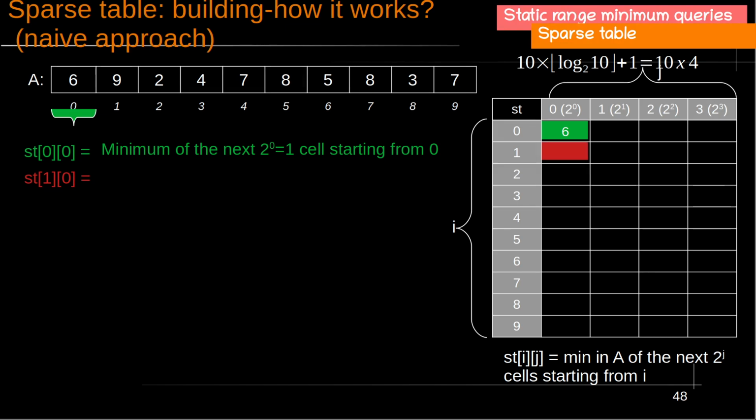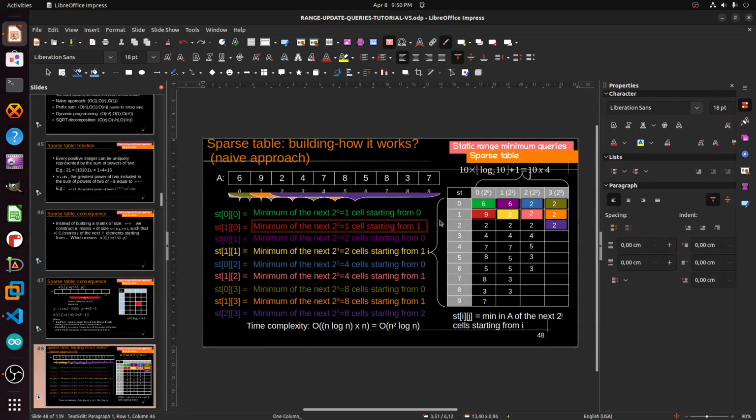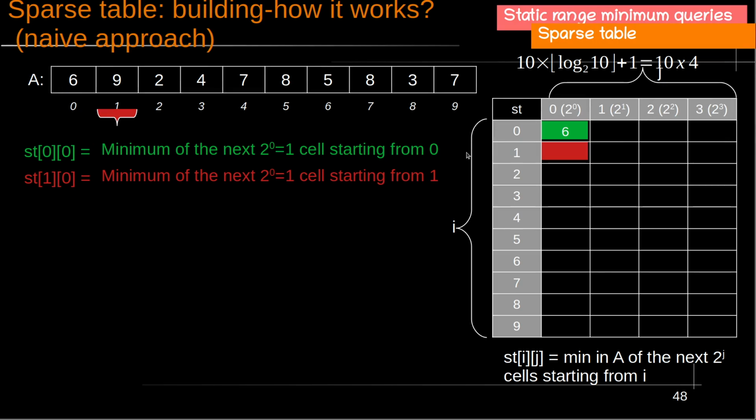Let's fill first the first column. ST[1][0] represents the minimum of the next 2^0 cell, which is 1, starting from 1, not 0, sorry.